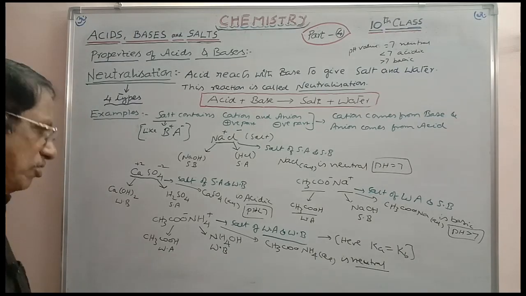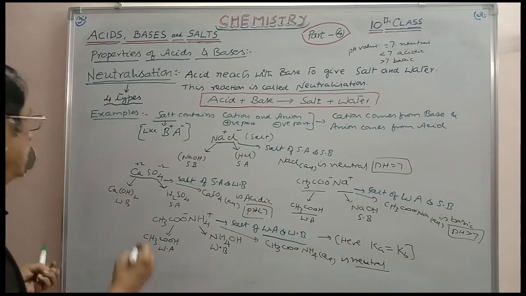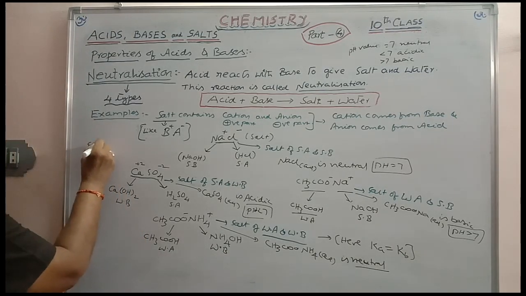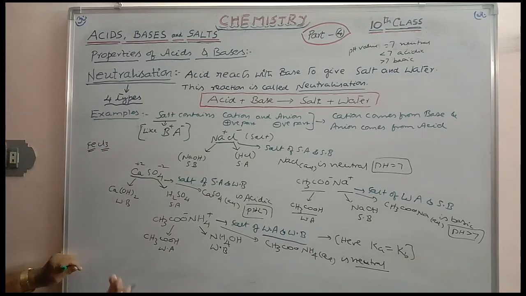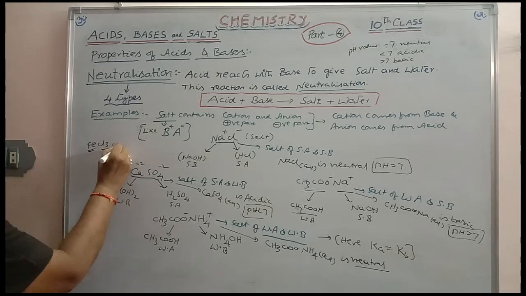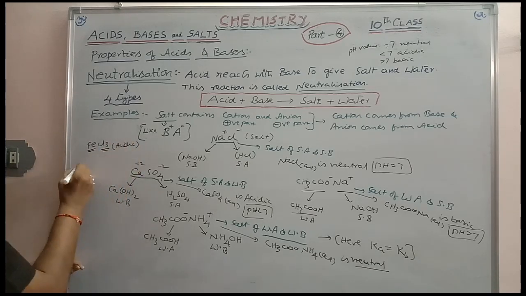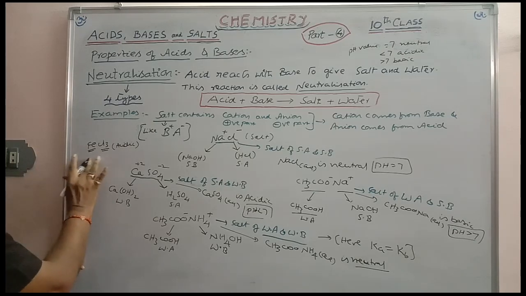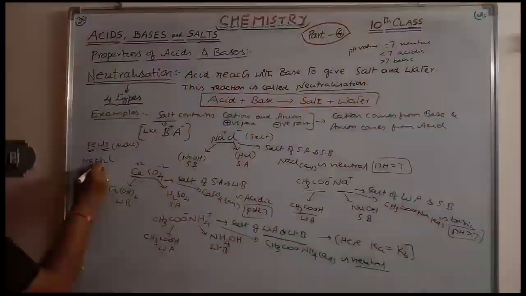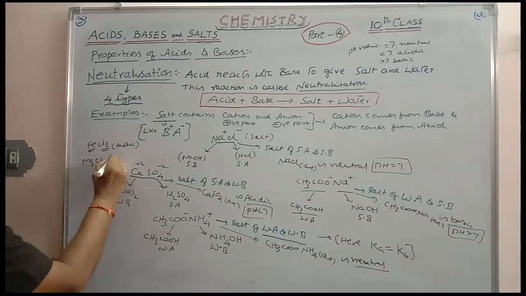Similarly, you can collect a large number of examples. You can take here FeCl3, this is a weak base and a strong acid, and so the solution is acidic. You can take barium chloride or magnesium chloride, HCl is strong, magnesium is weak, so it is acidic.